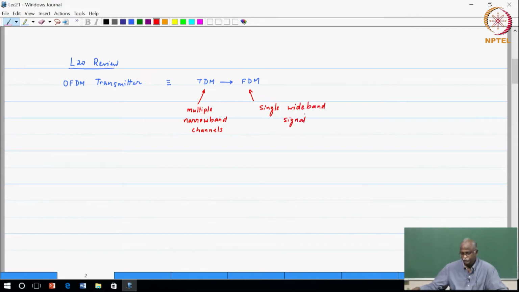What you have done is you have taken a number of narrowband signals and placed them in frequency at different center frequencies. So, you get a single wideband signal, and this is a method that can be used to generate any wideband signal.